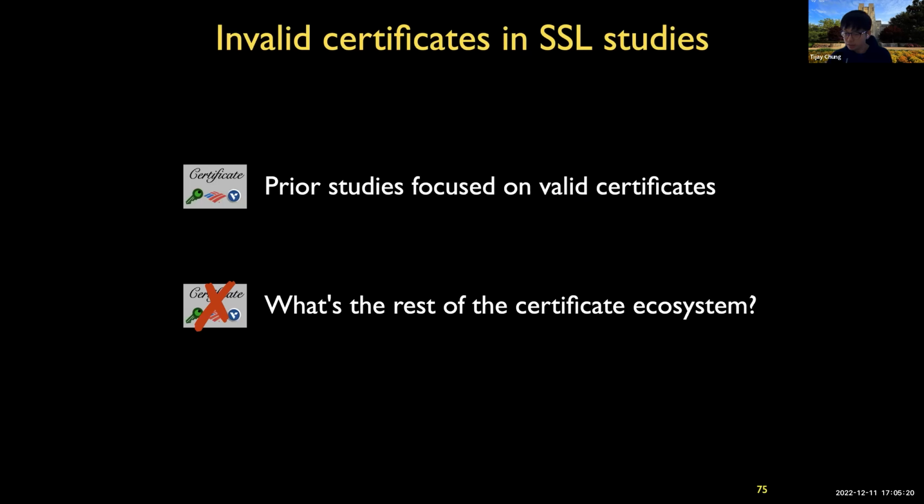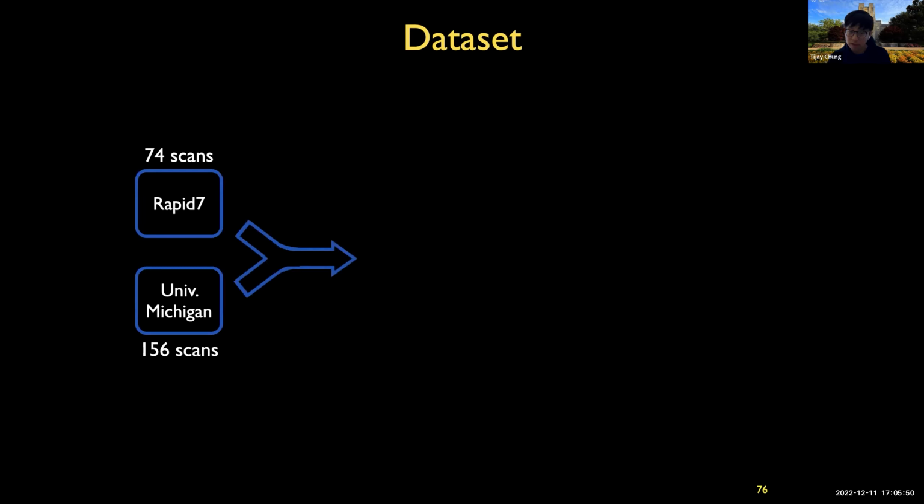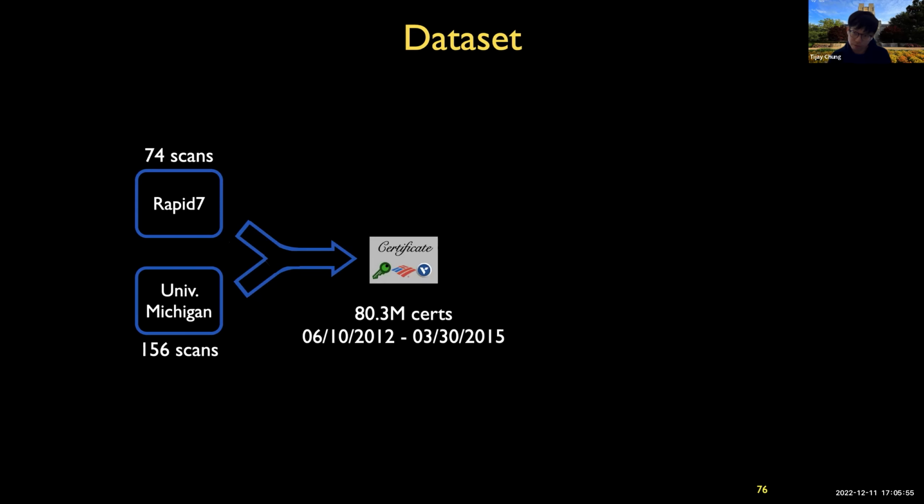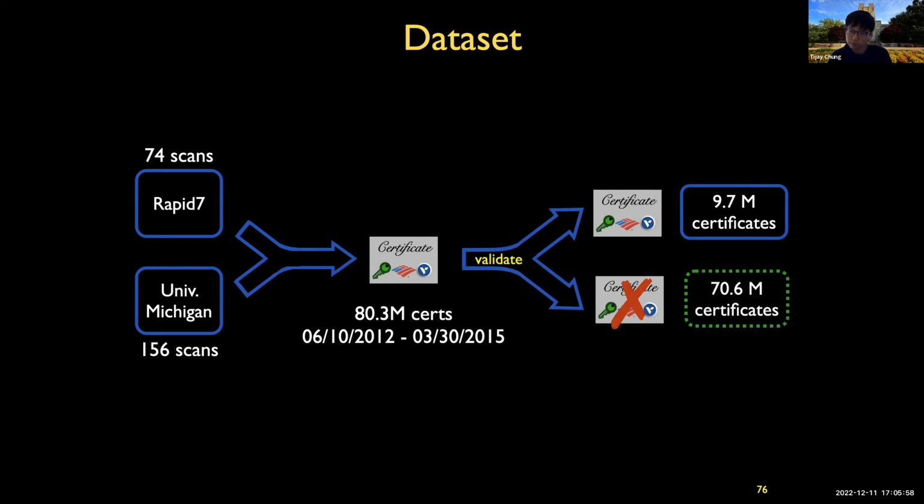Most of the studies done so far focus on valid certificates, because if a certificate is invalid, then it is obvious that the client would reject it. So we believed that back in 2016 or 2017, the majority of the certificates out there in the ecosystem were valid. To answer this question, we first got all the certificates by using an IPv4 scan, which is the same source of the data set that we used, and we validated them by creating a chain of trust.